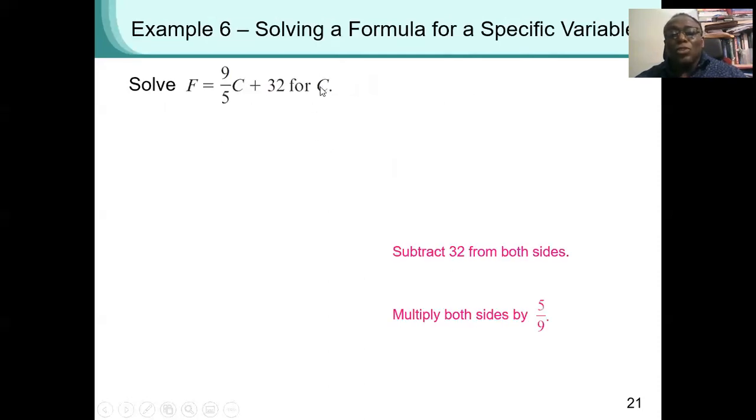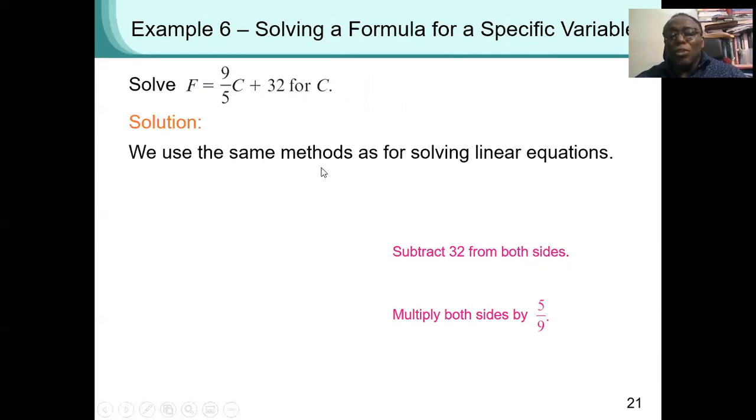So first we say we are solving for C. So we use the same method as for solving any linear equation. Again, the four equality rules. So this is my question. What we decided to do is use minus 32 to cancel positive 32.